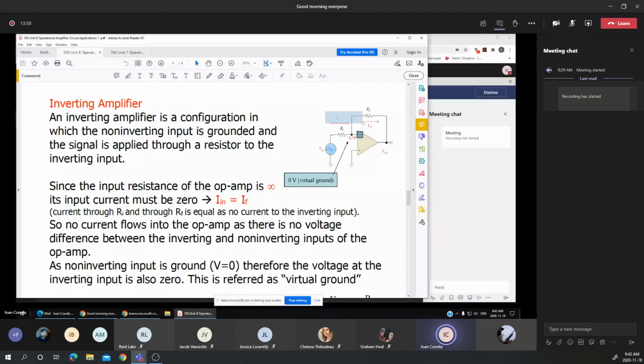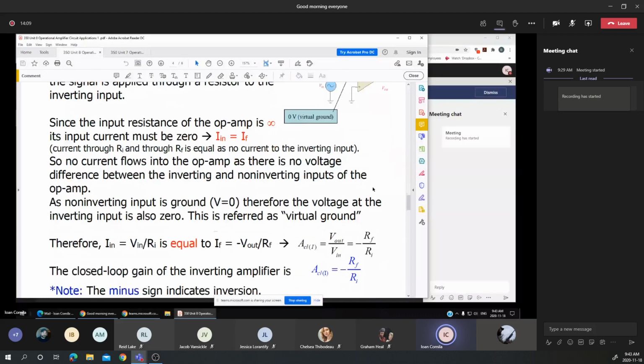That's the observation we start with, before defining the gain of the op-amp.